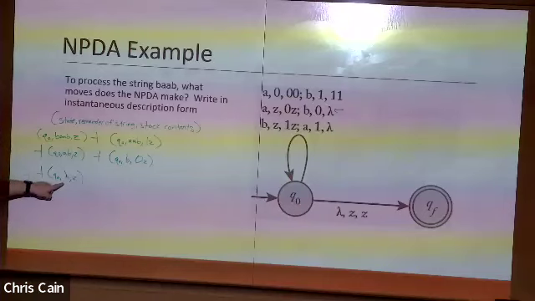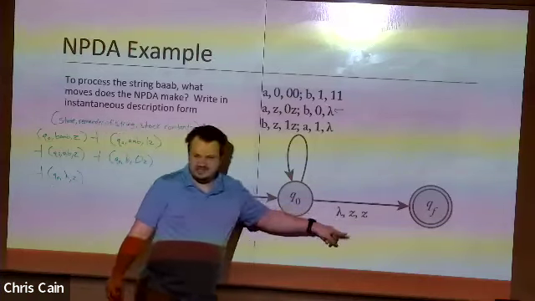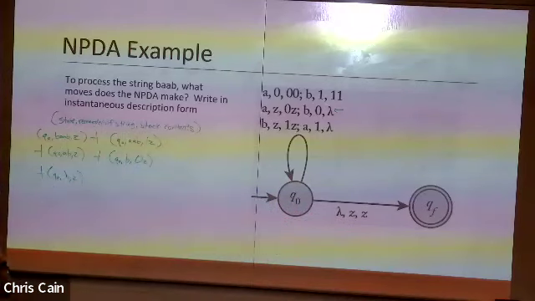Note that now we are in a state that we can use this transition on. We can make a lambda transition that doesn't consume any characters because there aren't any characters left to consume. There needs to be a Z on the top of the stack. The bottom of the stack character needs to be there in order to do this, but that's the state that we are in.